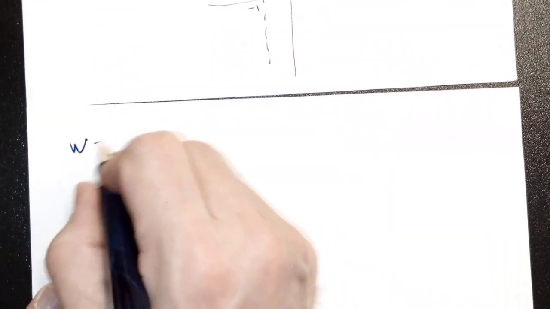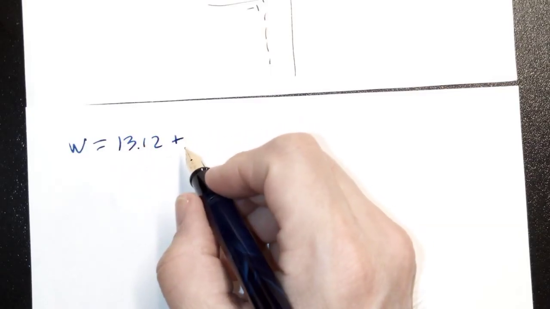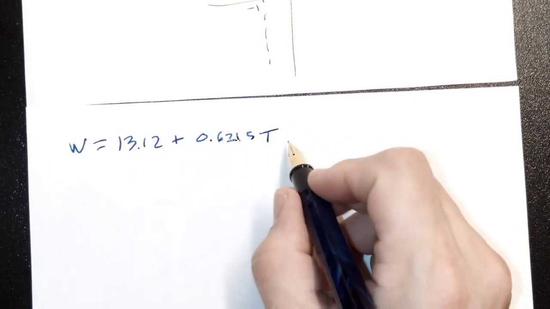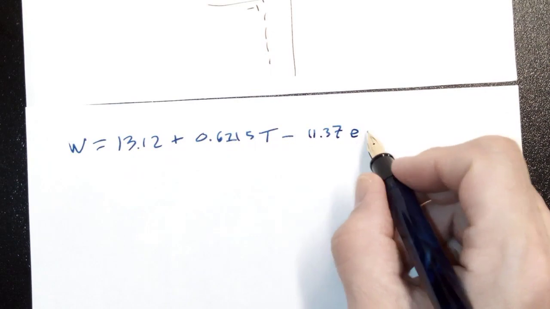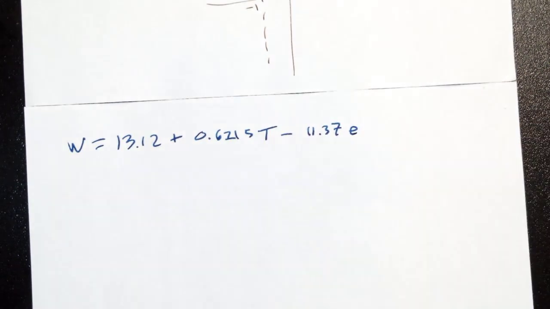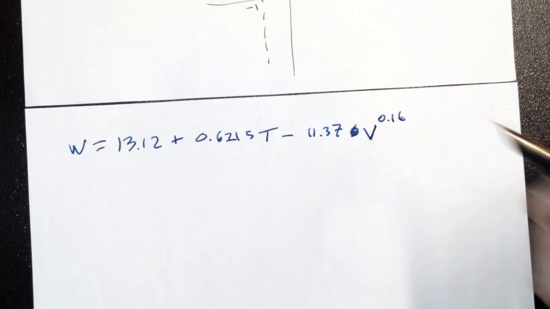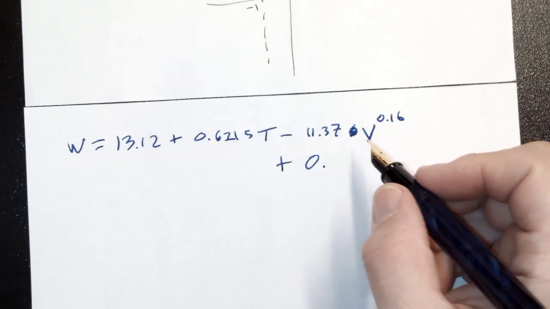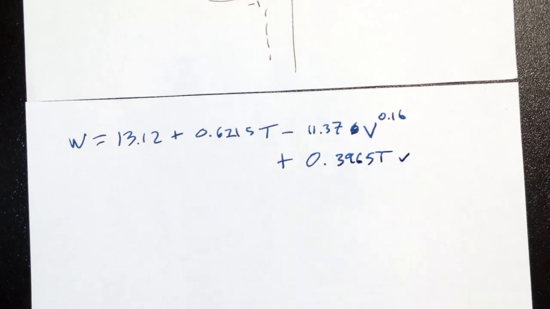So the wind chill equation is 13.12 plus 0.6215T minus 11.37 v to the 0.16 plus 0.3965T v to the 0.16 again.